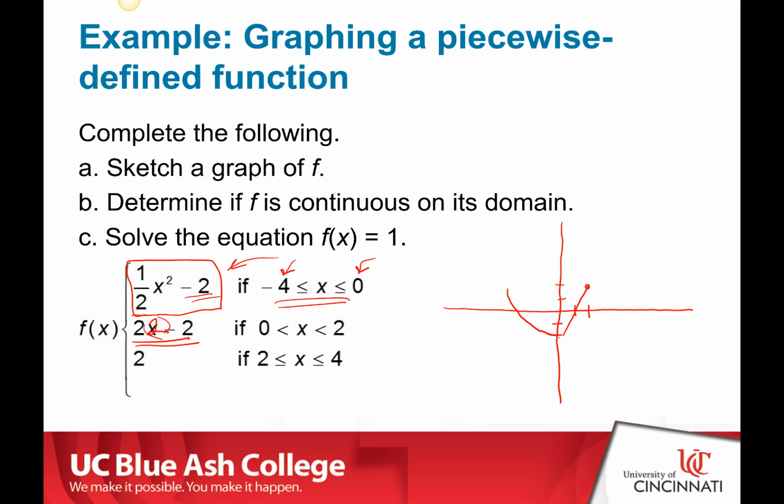The next thing then says, okay, start at 2 and go over how far? To 4. And this time, instead of it being a parabola, what's the shape of the function now? Well, it's 2. How does 2 graph?